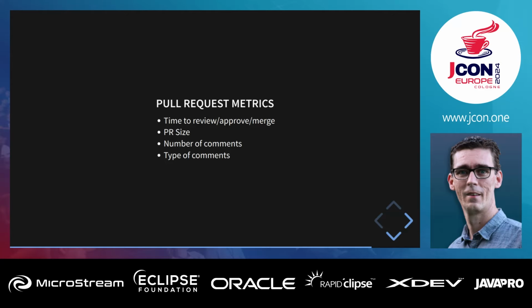And sometimes it's interesting to see not only the number of comments, but also the number of comments per developer, because there might be some patterns in there, and you probably know the team members who have a higher comment count and some who have a lower comment count. Doesn't have to be an issue, but if you think you're all even and it's not, then this will show it. And what type of comments you get, that's also an interesting one.